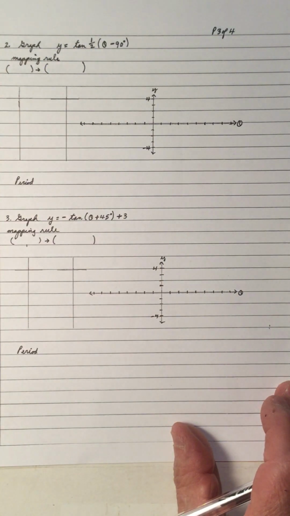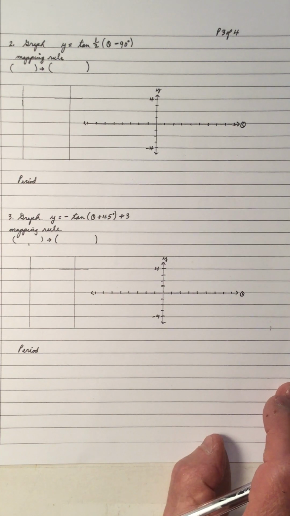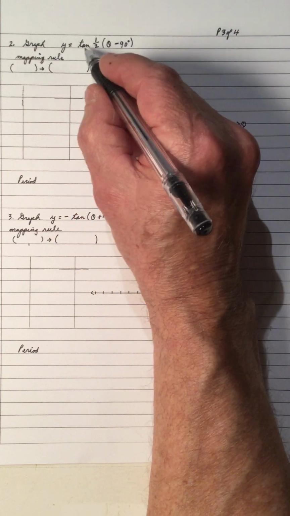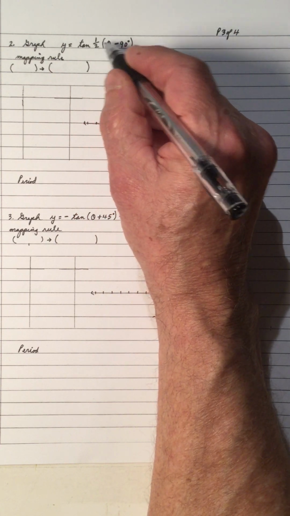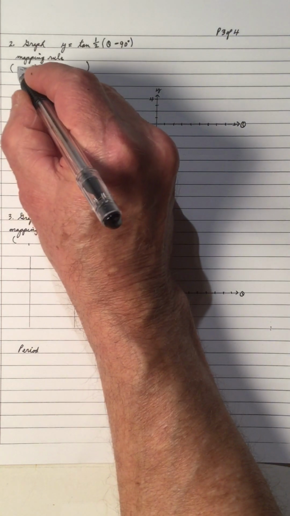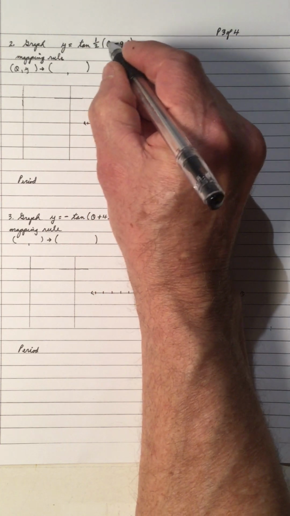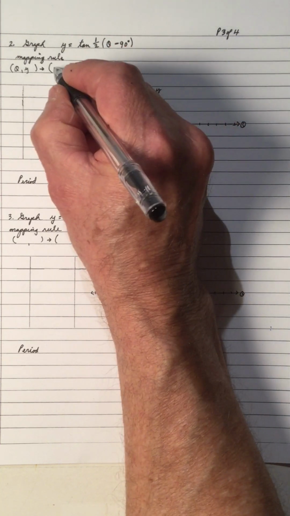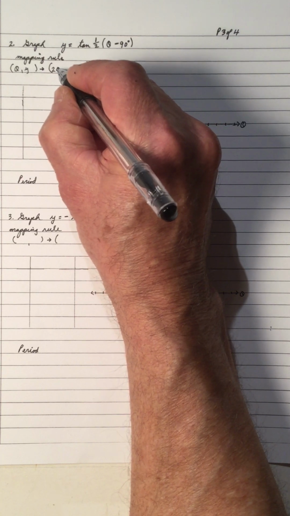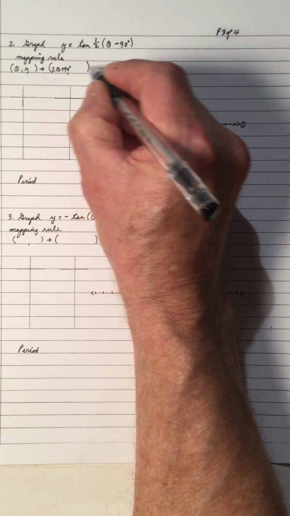And again, as always, good to practice. So what is the tan? So let's look at, here's the equation, tan of a half of theta minus 90. So the mapping rule is theta and y, and the x is reciprocal of a half, which is 2 theta, and the opposite of negative 90 is a positive 90.